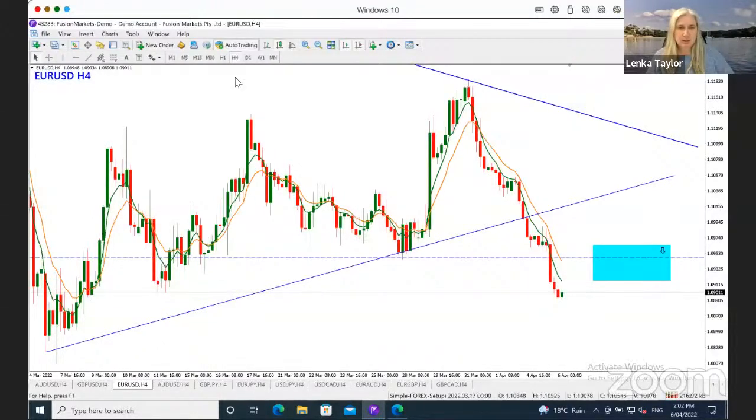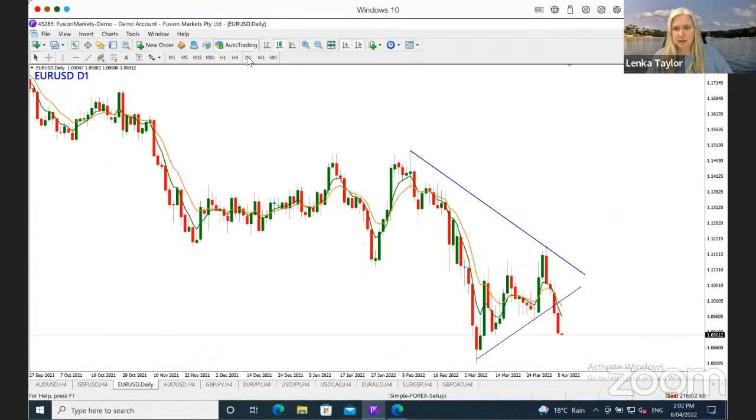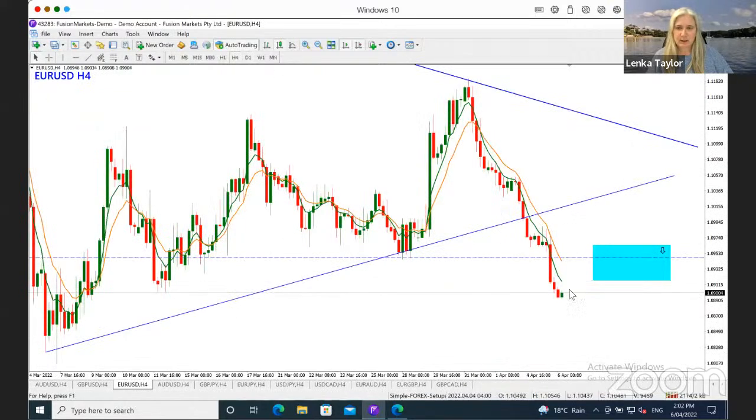Next currency pair I'll be looking at is EURUSD. EURUSD, I'm also looking at short. It has broken out of what I call a fish head pattern, so now looking at any pullback and looking for short. This may not pull back very hard.